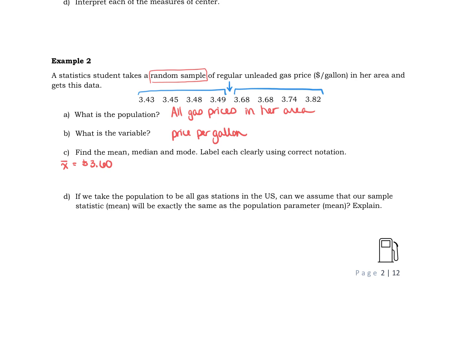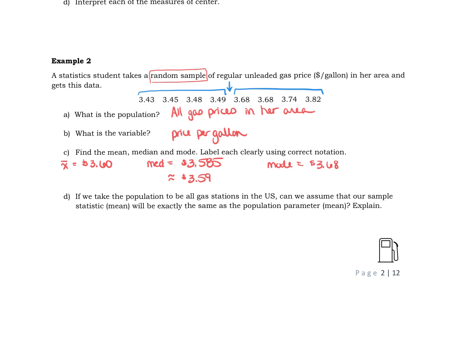So my median is 3.585. And if you would want to say that that's $3.59, that would be okay. And then the mode is the most frequent value, and there's only one value that appears more than once. That happens to be $3.68.